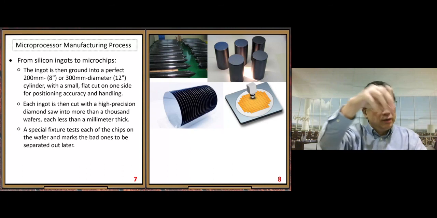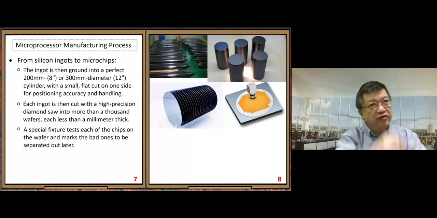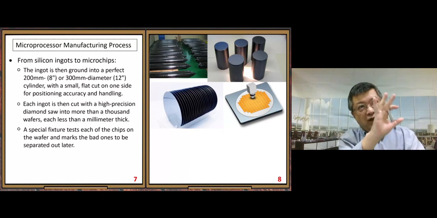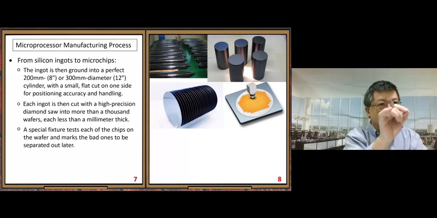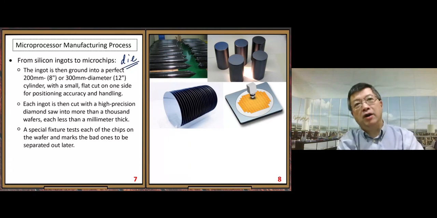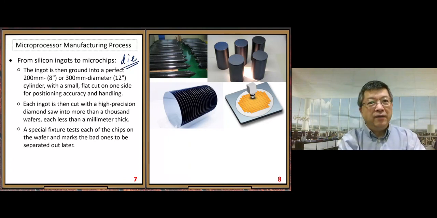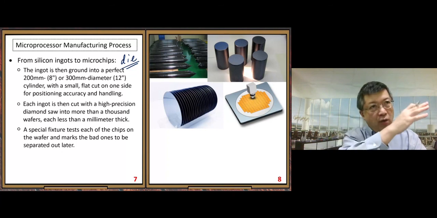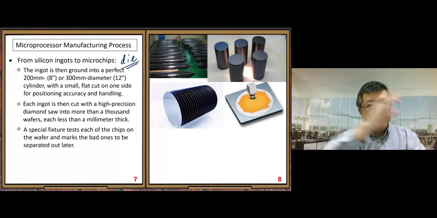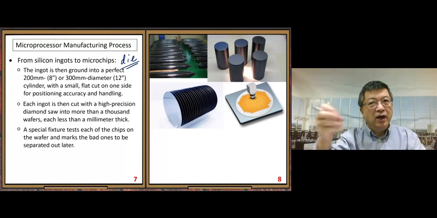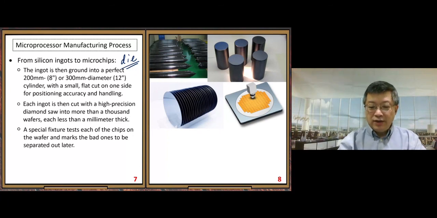Remember in the previous video we saw a picture with a gray dot on a die, D-I-E. We put a mark on it, so later we throw away all the bad dies and only keep the good ones.